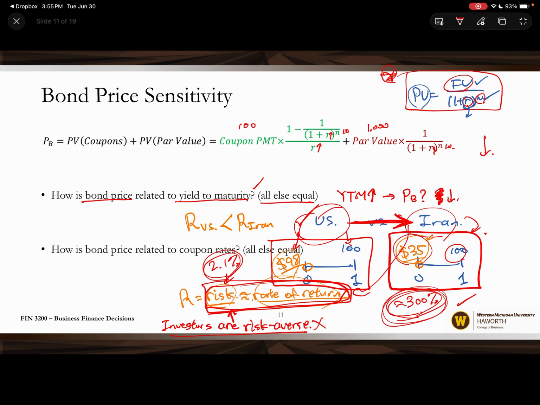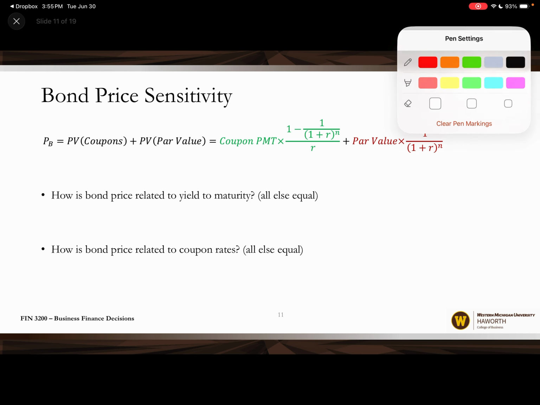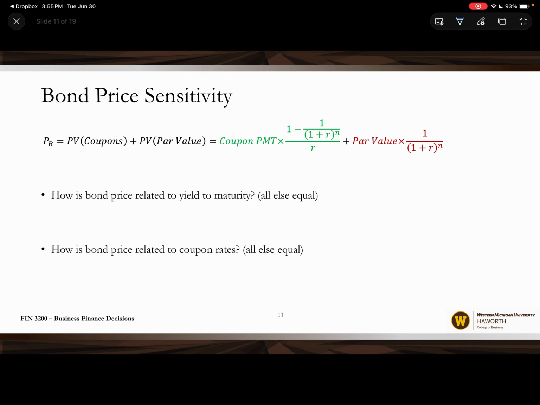So yeah, that was maybe a little complicated, but the same thing applies in the bond setting. So basically, we had U.S. versus Iran, but let's use the same example. U.S. has longer term bonds with coupons.